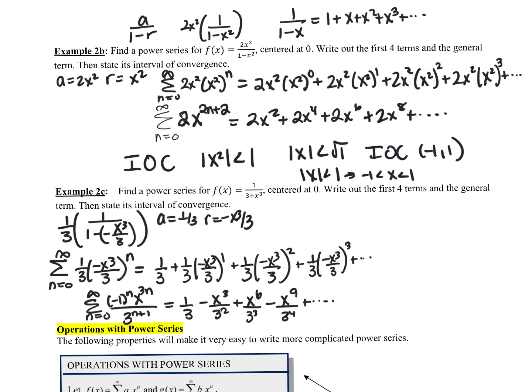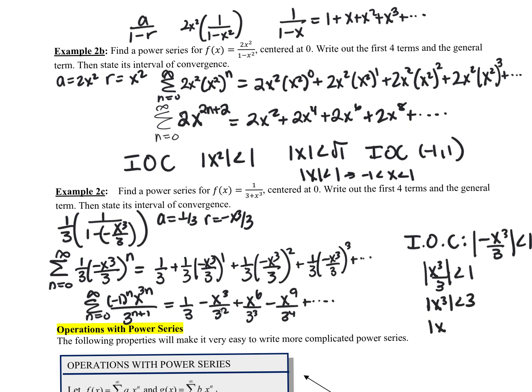And then lastly, we need the interval of convergence. What is our r here? Negative x cubed over 3, so we want the absolute value of that to be less than 1. Absolute value will make the negative go away, so we'll have x cubed over 3 is less than 1. Multiply by 3, and you get absolute value of x cubed is less than 3.